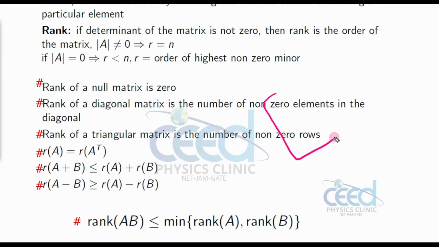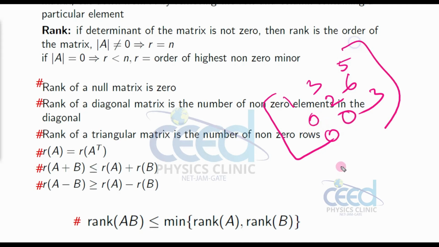Suppose you have an upper triangular matrix with first row 1 2 3, and only above the diagonal we have elements, 3 5 6, and all other elements are 0. To find the rank, note the number of non-zero rows. This is a non-zero row, this is a non-zero row, this is a non-zero row. So the rank is 3.